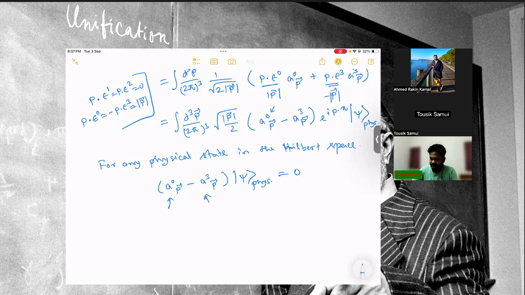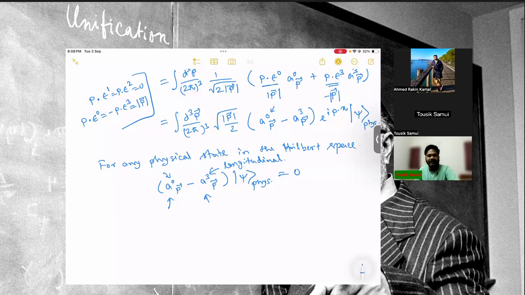This is called the longitudinal component because it is along the direction of the momentum, and this is of course the time-like one because it is the 0th component. So our physical states satisfy this condition, and they have equal numbers of longitudinal and time-like components which cancel each other.